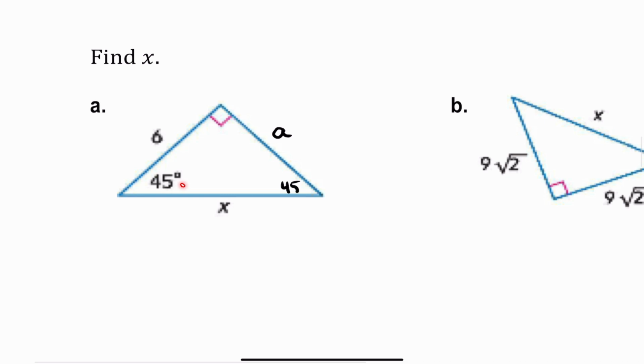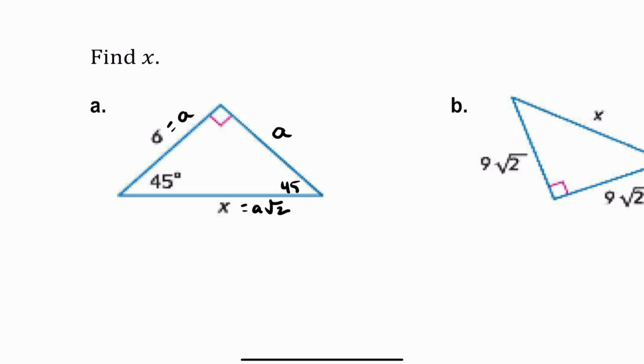Since this is a 45, 45, 90 triangle, of course, that's isosceles. So here, across from this 45 degree angle, this side here has to be A as well. And then across from this 90 degree angle, this is A root 2.